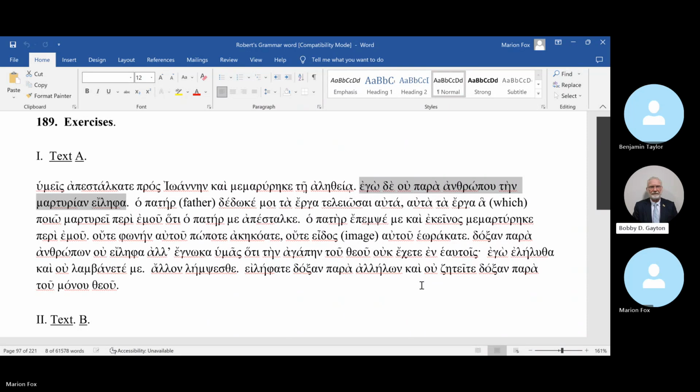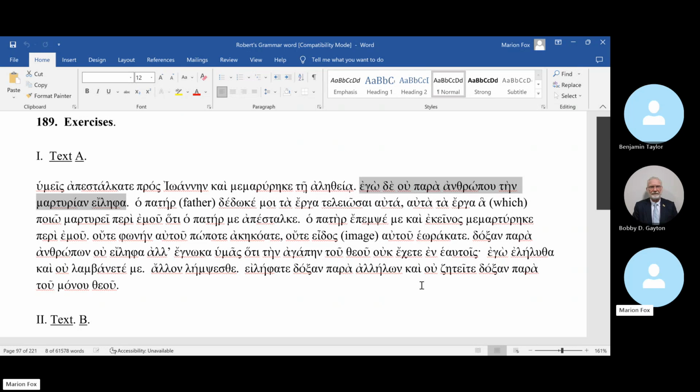Ego de ou para anthropou ten marturian lambano. And I translated that, let me see here, but we have not taken the testimony of men. Okay. But I, is it we or I? It's I. Sorry.